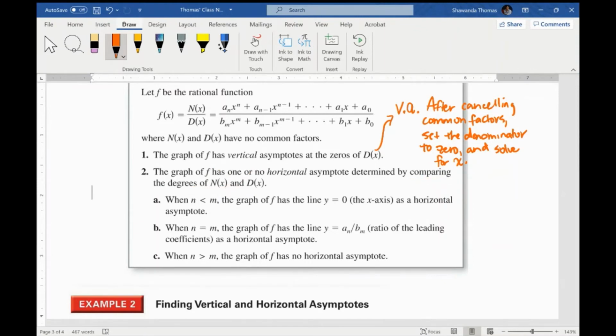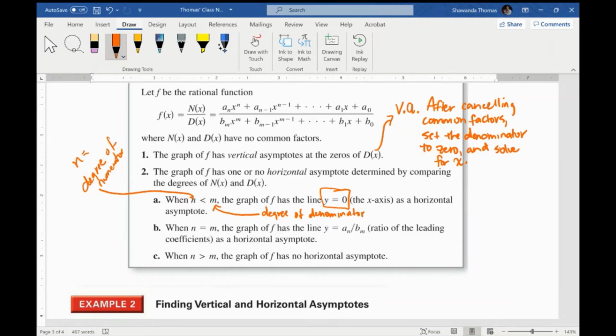Now, if the degree of the numerator is less than the degree of the denominator, then the horizontal asymptote is simply y equals 0.